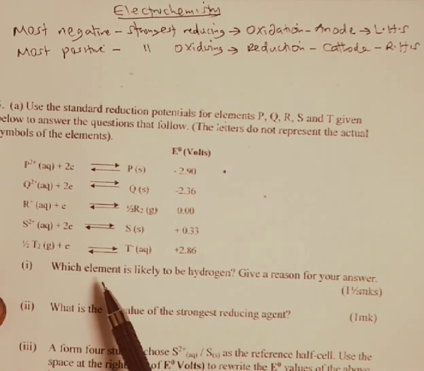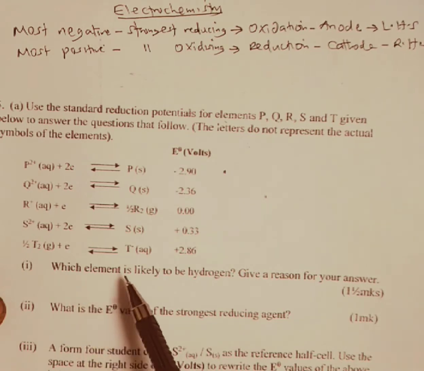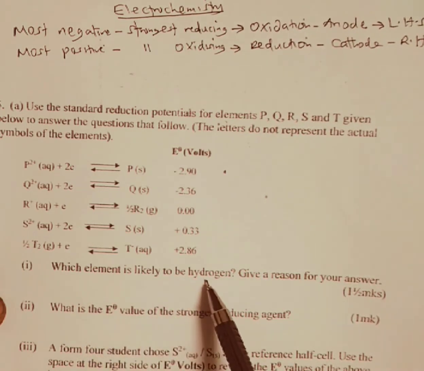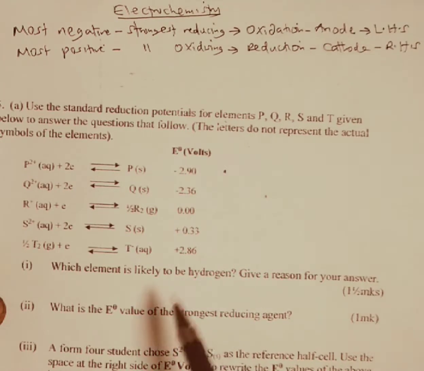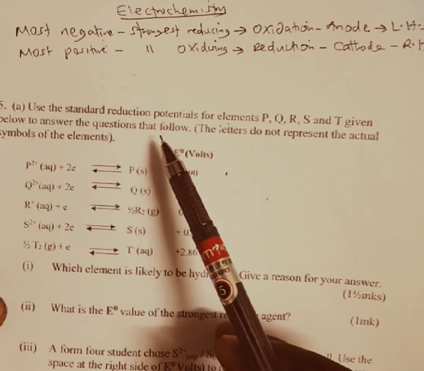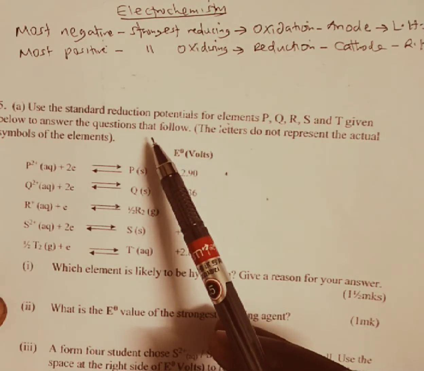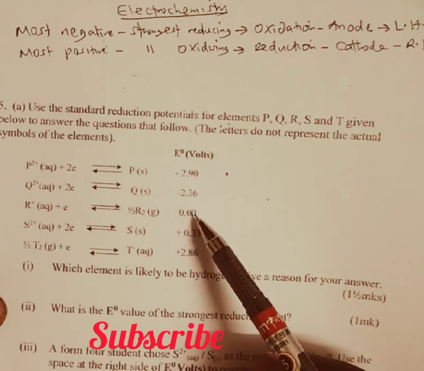The first question, which element is likely to be hydrogen? Give a reason. Usually, hydrogen is the one that is used as our reference electrode with an E theta value of 0.00.